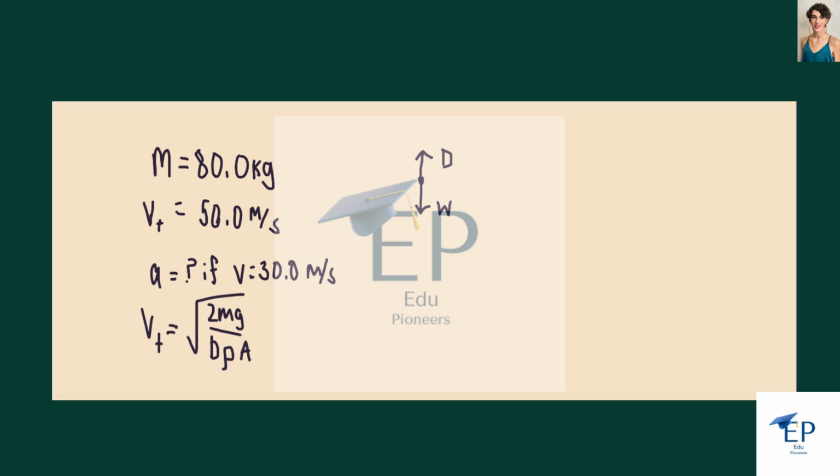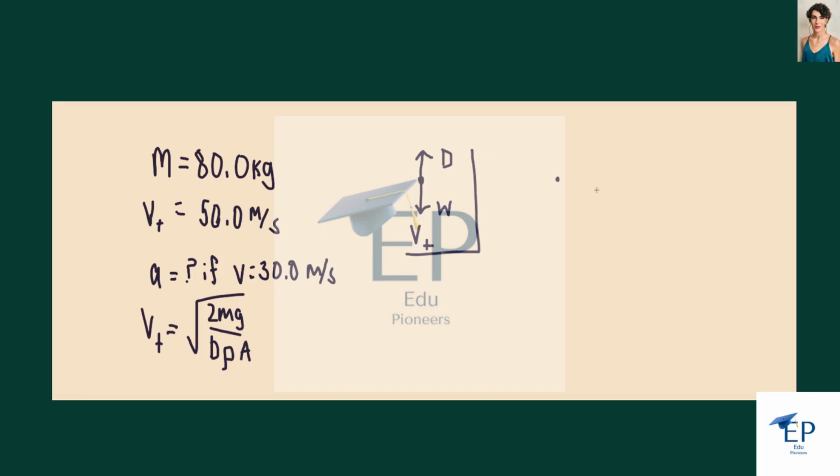This is equation 6.9. So this is what's going on for velocity of 50 meters per second. Actually let me just label this VT.